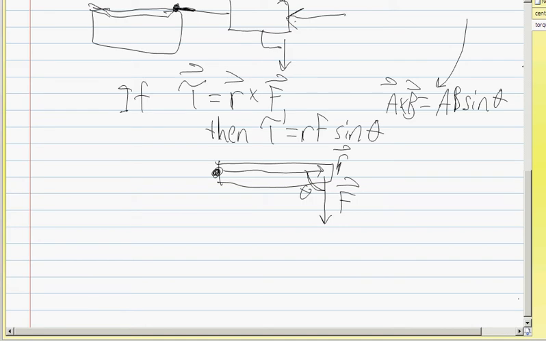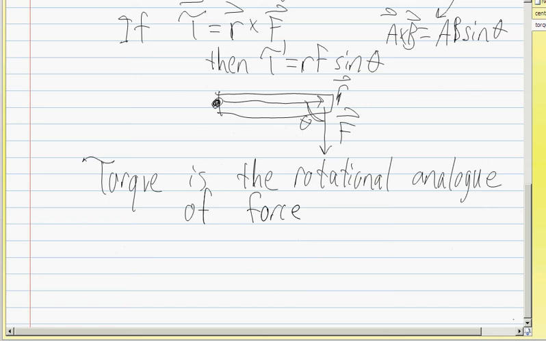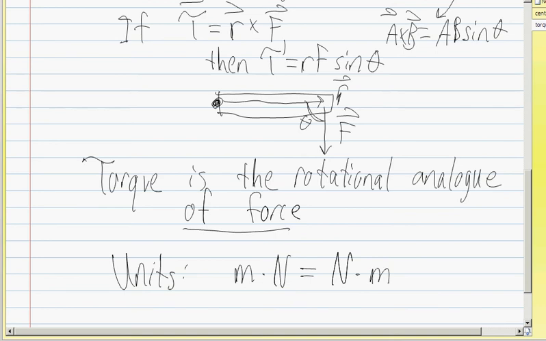And that makes sense. It also makes sense that torque is the rotational analog of force, just like moment of inertia is the rotational analog of mass, because it takes into account the radius. And also, in this case, it's force. I do want to point out the units. They are going to be meters times newtons, which appears to be Newton meters.